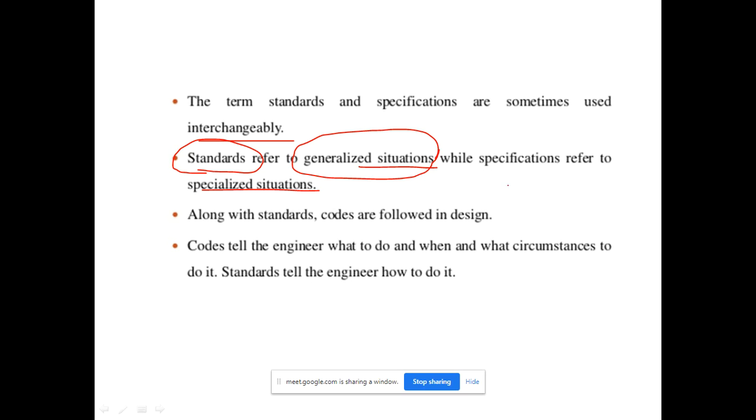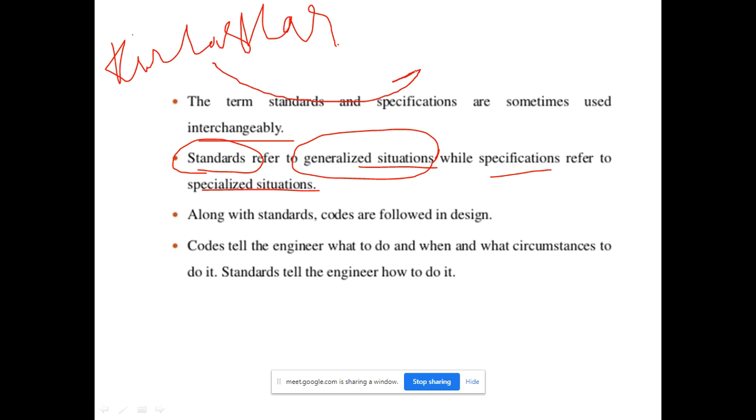While specification, what about specification? Specification basically refers to the specialized situations, for example Kirloskar. Everybody knows this company, Kirloskar pump. Kirloskar is a very important company which is manufacturing pumps. Now in the market there is another company like WPIL, Worthington Pump India Limited.